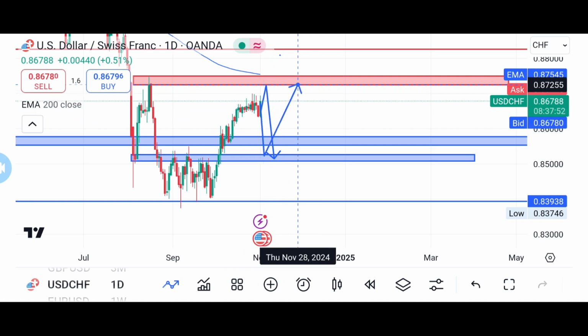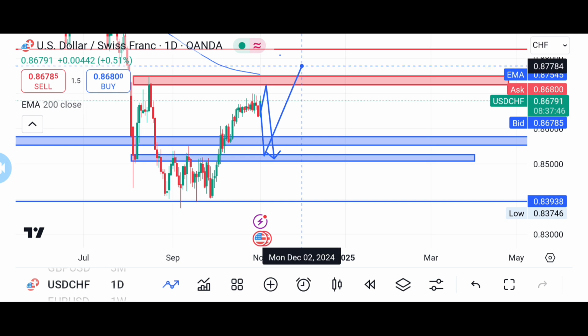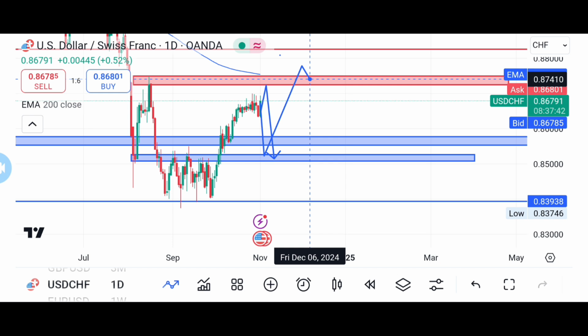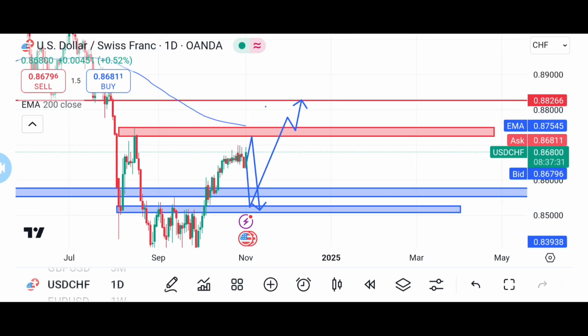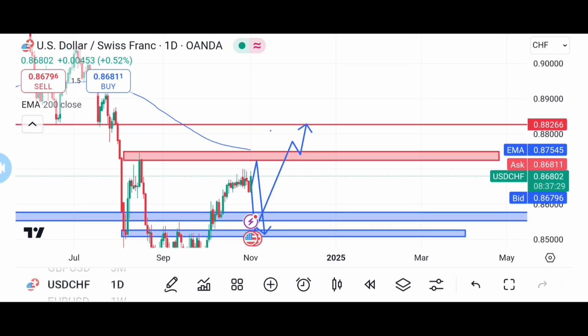Then we shall continue to hold this trend. If buyers have that momentum, break that zone again and retest, we shall re-enter and hold that trade, and our general overall TP for buying will be here.